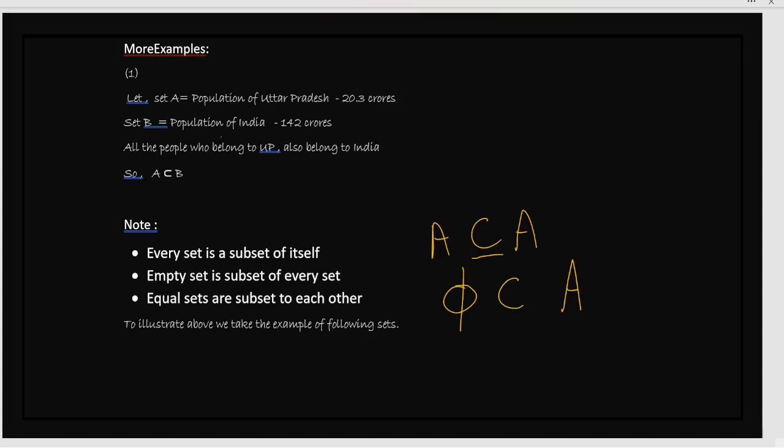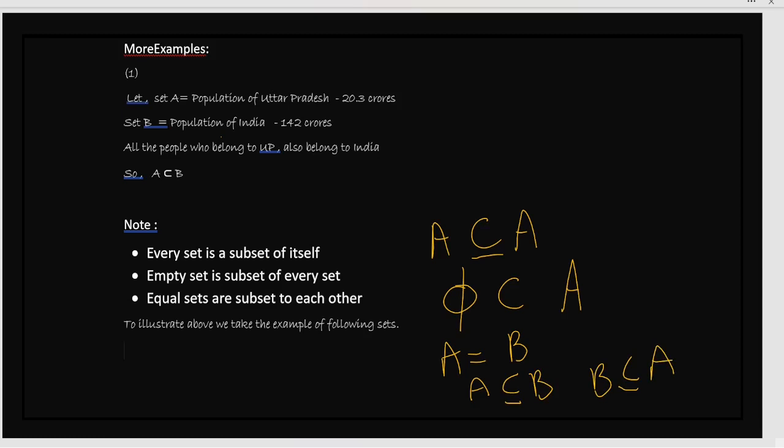Because phi doesn't have any elements, and A is having some elements. So phi is definitely a subset of A. Equal sets are subsets of each other. A equals B, just as we have seen. So A is a subset of B and B is a subset of A, but they are not proper subsets.